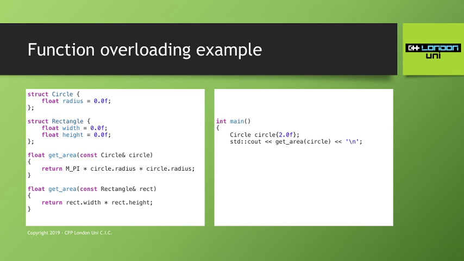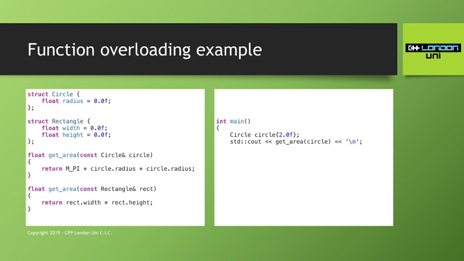So now we create a circle, give it a radius of 2, and we call the function getArea and pass the circle. And again, what's going to happen here is the compiler is going to look at this and go, okay, you want to call a function called getArea, well, I've got two choices. And it's going to look at the type of the argument that you've given.